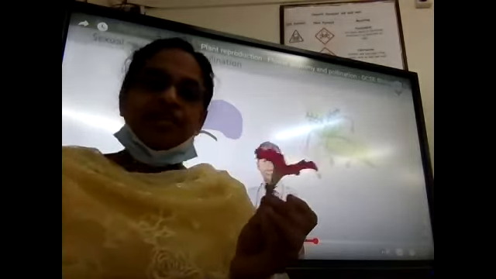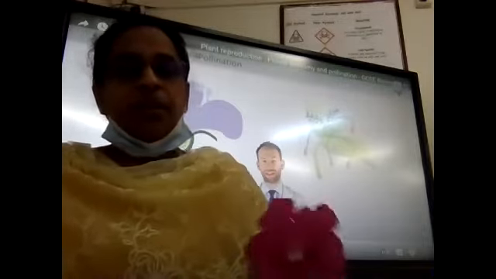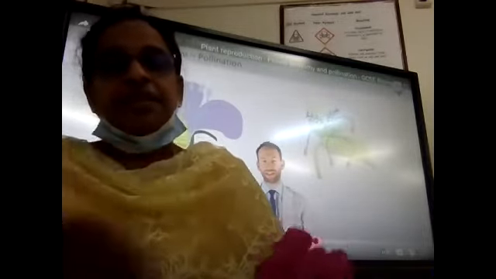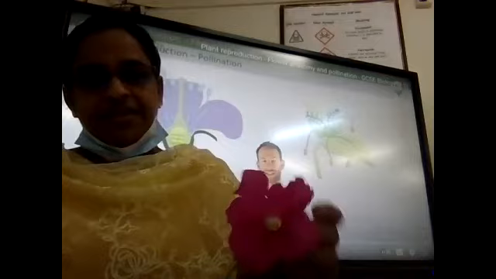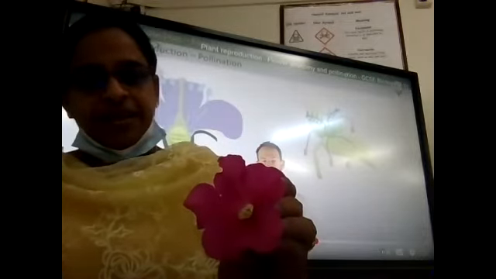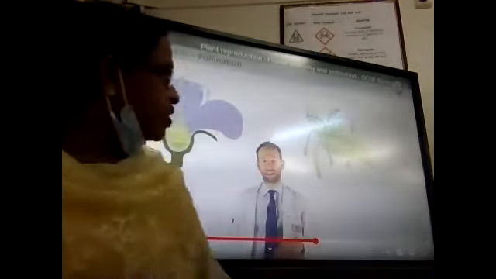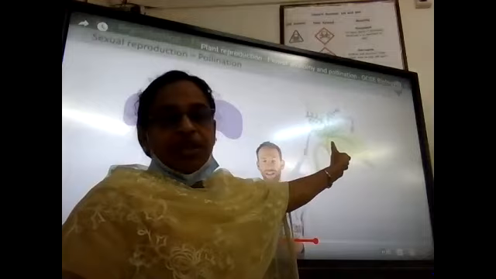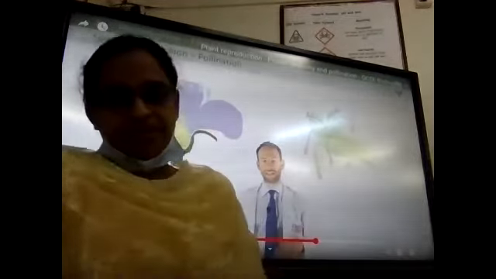And you can see the anther and filament are inside the flower. So it's difficult for the wind to carry it away. But for this one, it is easy for the wind to carry the pollens.